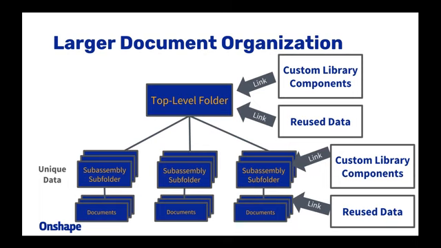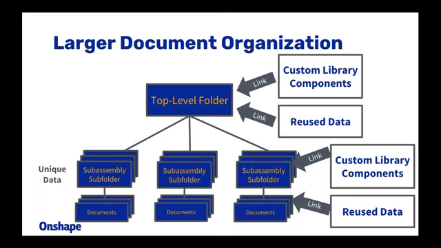And within that top level folder, I may have several subfolders for each of the big subassemblies that I would consider important. And within each of the subassembly folders, I would have documents for each of the different pieces of the subassemblies. So a car is a good example. I think everyone kind of understands the various pieces of it, and it's also very big, right? It tends to be a large number of parts.